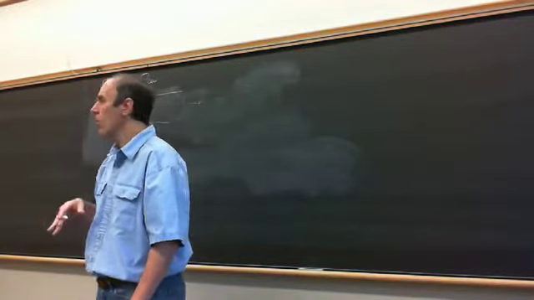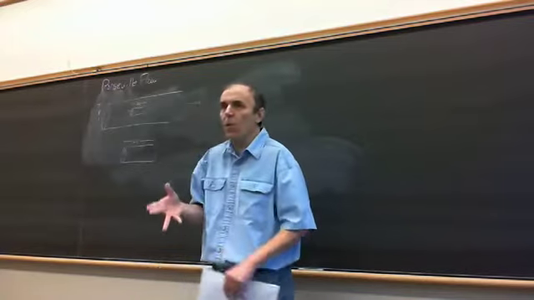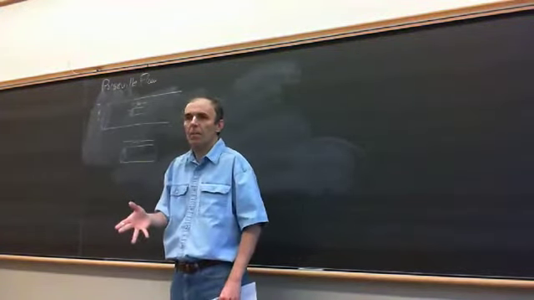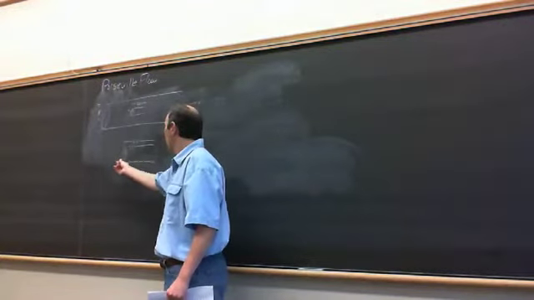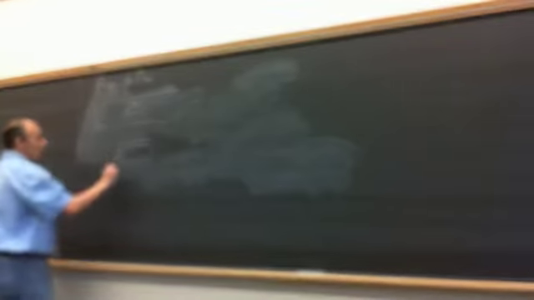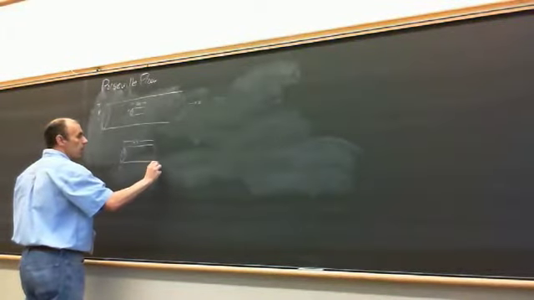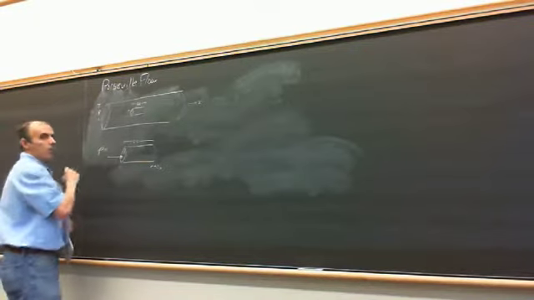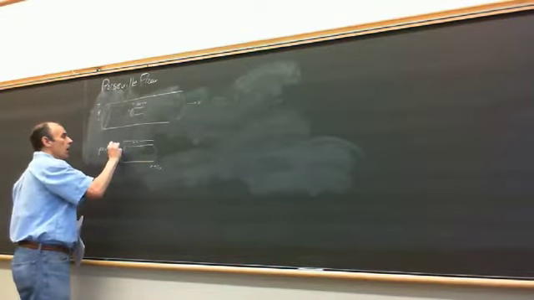So if you want to find the net force on this end of the pipe, you're going to take the pressure and multiply it by the area. What's the area of this end of the pipe? Pi r squared. So we'll call this x, and we'll call this x plus delta x. So there's a force here, P of x, the pressure, times pi r squared.